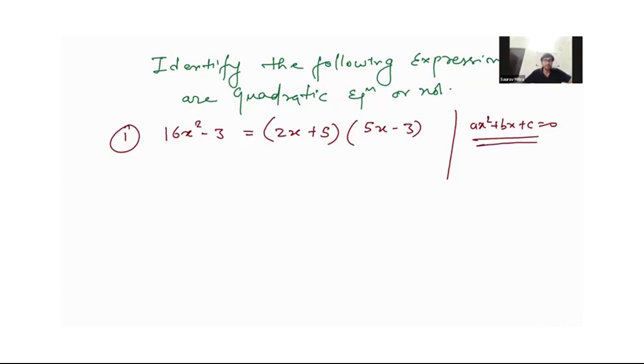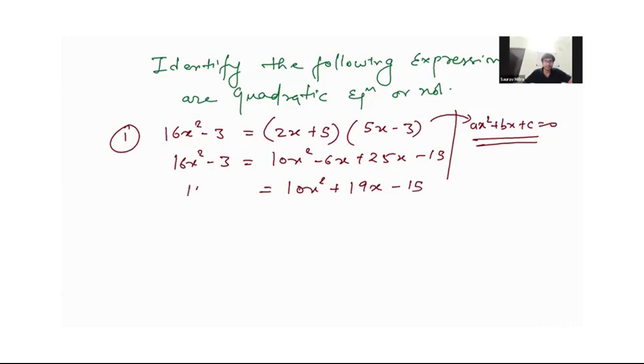So we have to simplify and solve this to bring it to that form. Solving it, 16x² - 3 = 10x² - 6x + 25x - 15, so the right side is 10x² + 19x - 15.